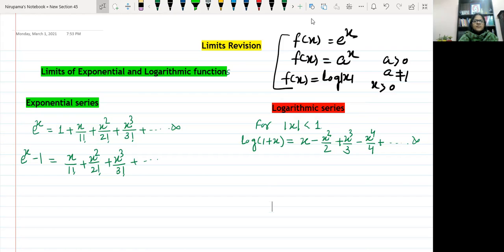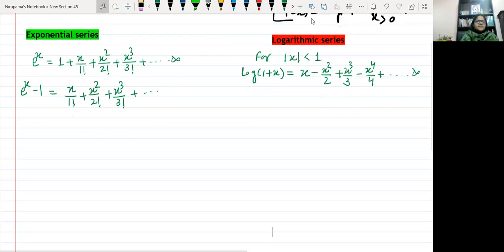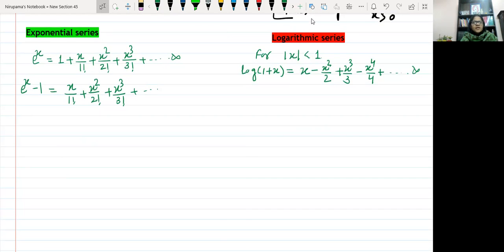Okay, and specifically we have only three standard forms involving exponential and logarithmic functions. So before I introduce the standard forms, let me introduce the exponential series. We define it as e^x = 1 + x/1! + x²/2! + x³/3! and so on.